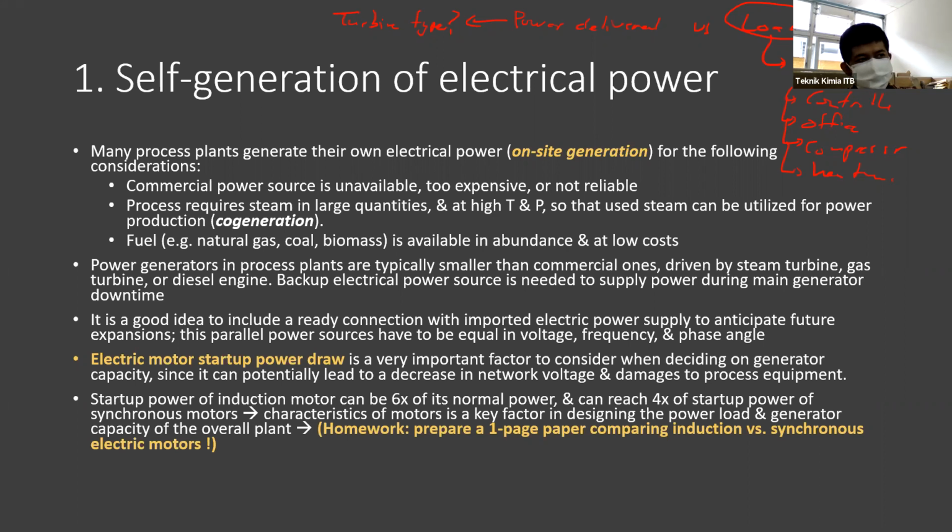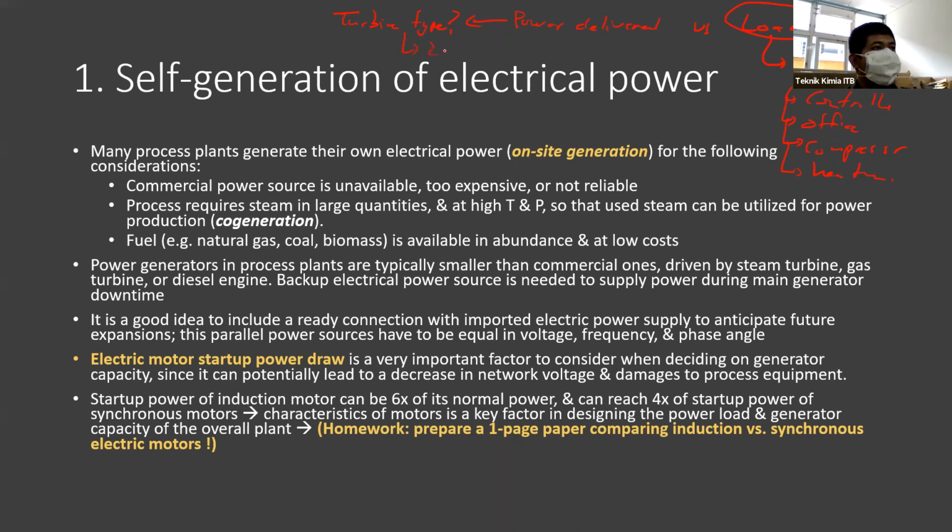So by learning how to calculate the efficiency of each cycle, Rankine, Brayton, diesel cycle, you can decide what kind of turbine type needs to be installed there. And after you install the turbine type, you need to match with the load. Sometimes your turbine type cannot match your needs directly.